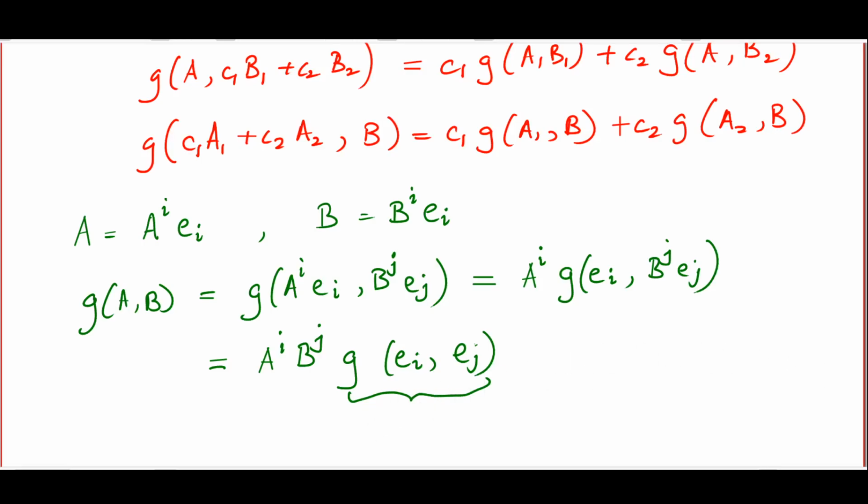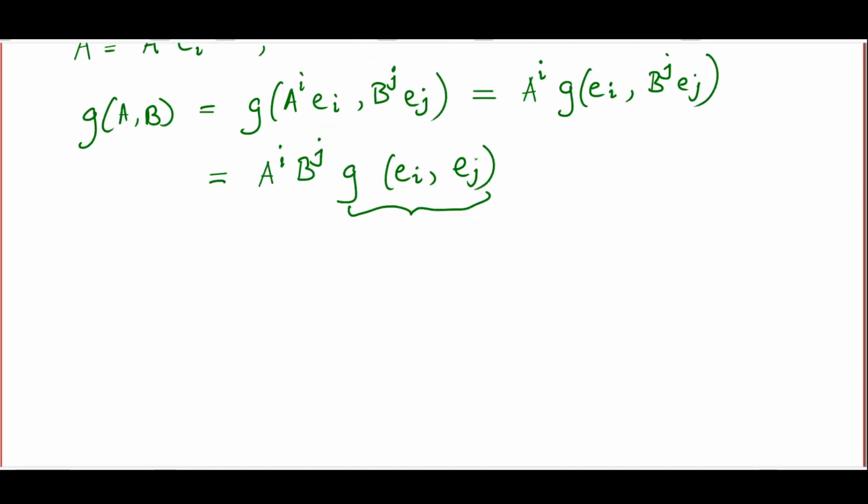And this is exactly what we are going to call the ijth component of the metric tensor. So, by definition, G_ij will be G, the map, acting upon or being fed the two basis vectors e_i and e_j.